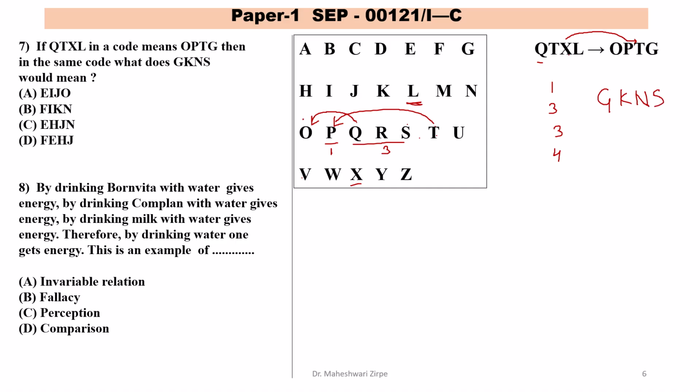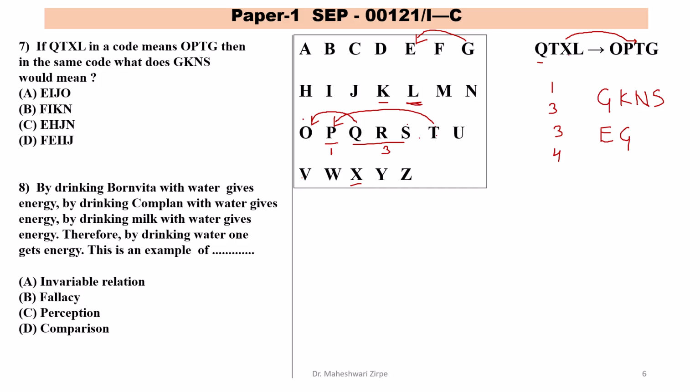It should be one letter before G, that is E. You can find here one letter before G is E. So my code for G will be E. Then next for T it was how many letters? Again you have to go back. So for K 3 letters back we have to go, 1, 2, 3. So it is G.